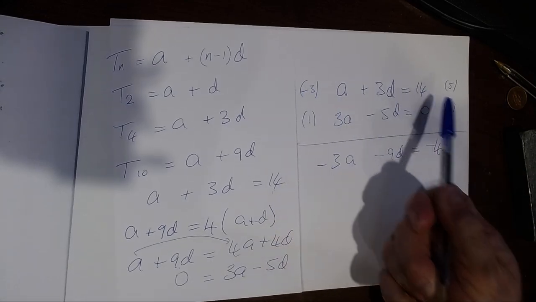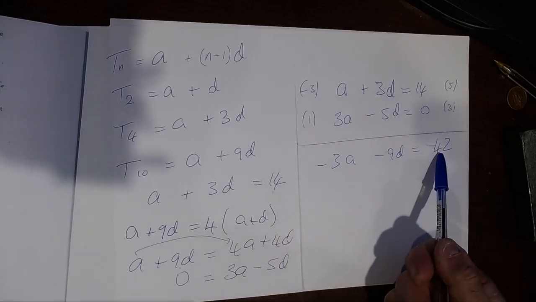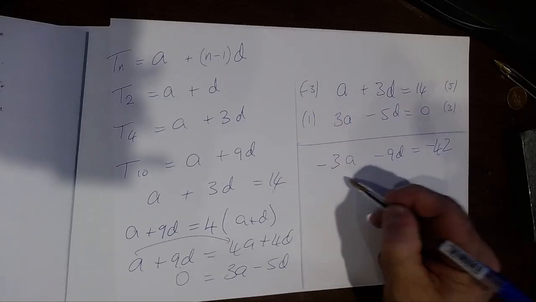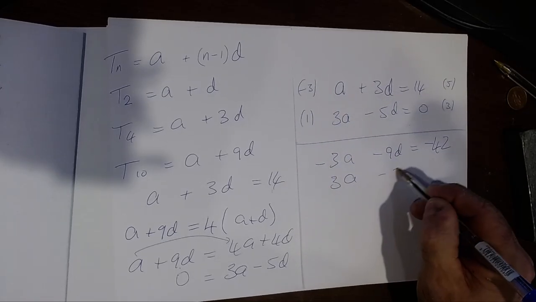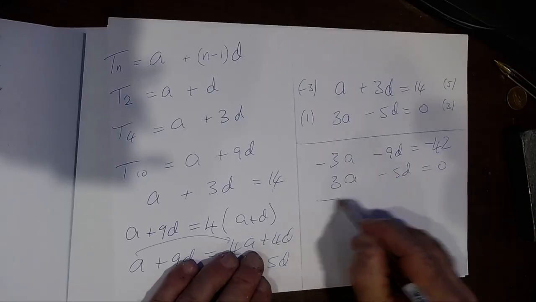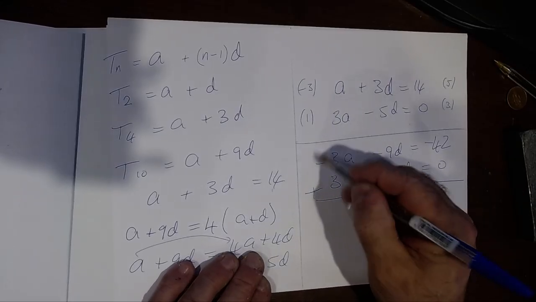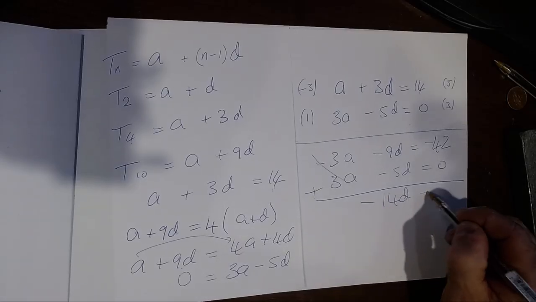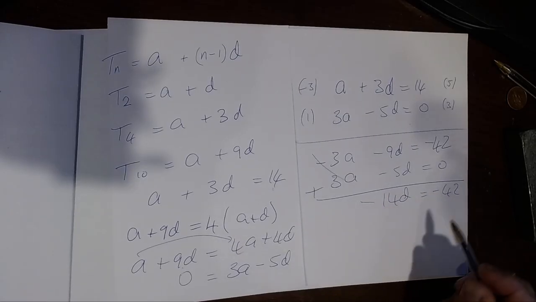Negative 3 times 14 is negative 42. Okay, that's negative 3 times the top. The bottom stays as is. We add them, so we get elimination. Minus 14D equals negative 42.